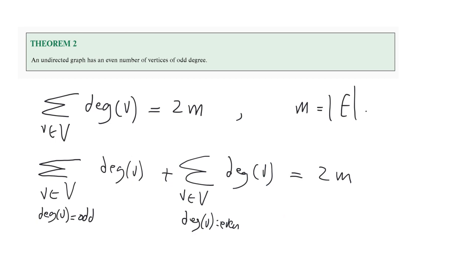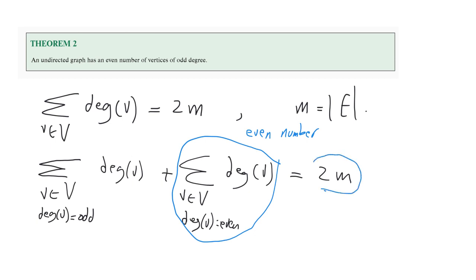But now observe that this summation here is an even number. Why is that? Because the degrees are even, and so the sum of even numbers, I mean 3 even numbers, 4 even numbers, if you sum them together, the result will always be an even number.